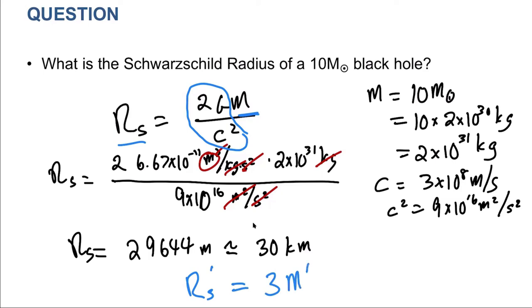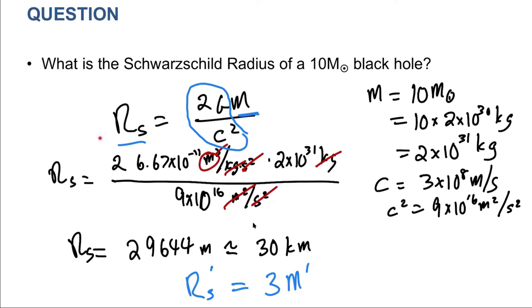Both of these equations are right, this one and this one. This one down here is much simpler, but you have to remember that in order to use this one, you have to plug in mass in solar masses and radius in kilometers. In other words, you plug in a mass in solar masses, you get a radius in kilometers, or vice versa, you plug in a radius in kilometers and you get a mass out in solar masses.